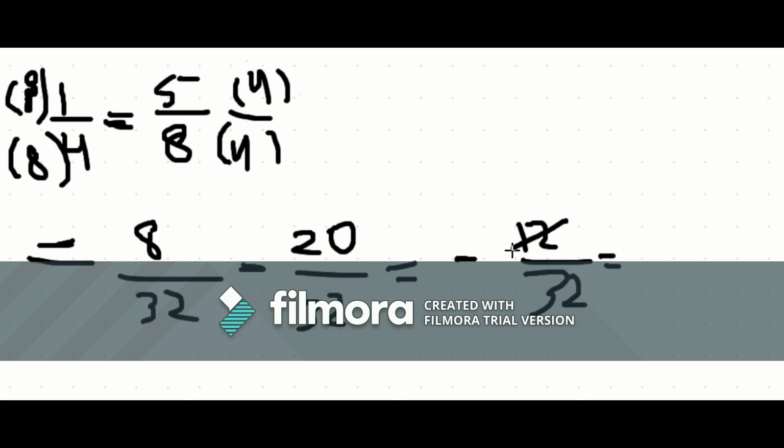So if we divide 12 by 4, it's going to be 3, and then 4 also goes into 32. 8 times 4 is 32, so it will be 8. So your final answer will be negative 3 over 8, and this would be your final answer.